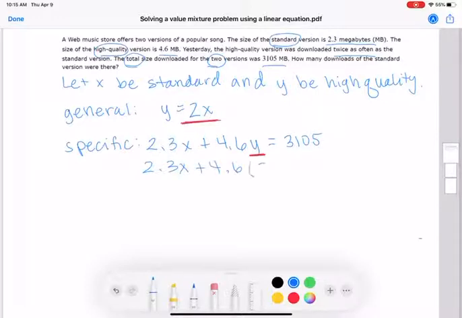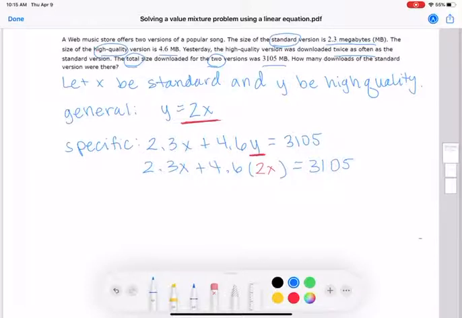We said we'd put in 2X here. I was going to change colors for you. Here we go. So instead of Y, 2X equals 3105. Okay, so now just solve it.